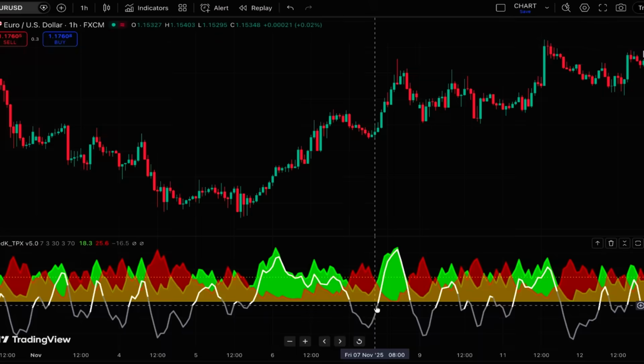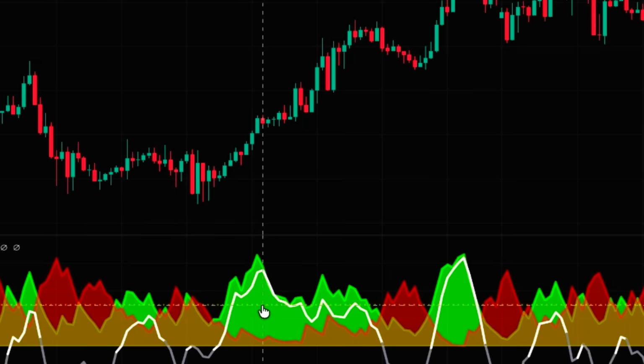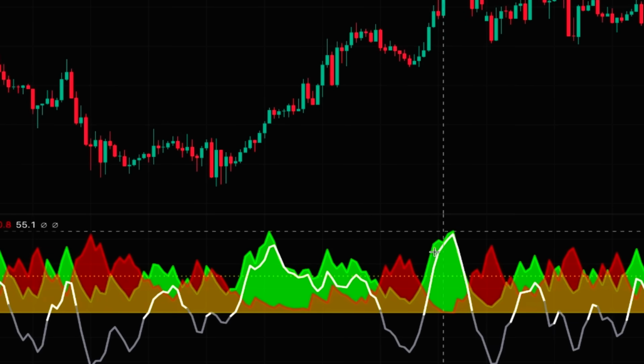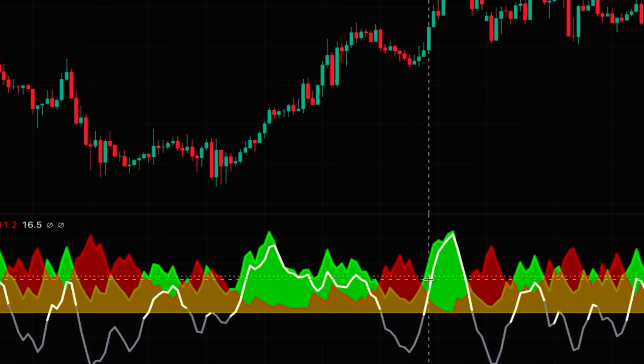Alright, let's see what we have here. This green area shows bullish pressure and the red area shows bearish pressure. So when we have green area, it tells us that we have more pressure from buyers, and when we have red area, it tells us that we have more pressure from sellers. We have also a white line here, which is net pressure, which is bearish pressure subtracted from bullish pressure.